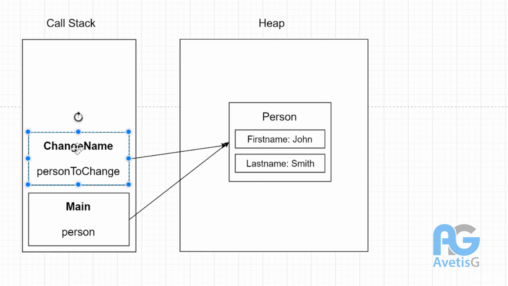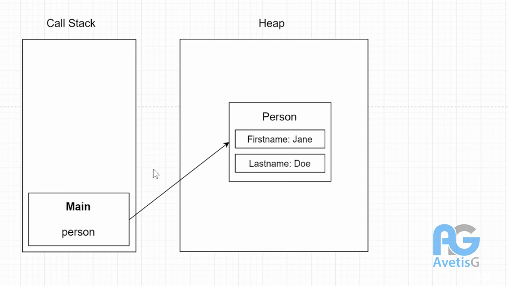So once we got to change name, this was still pointing to the same exact spot in the memory. And in here we said, let's change first name to Jane, and then change this to Doe, right? And then once this method was complete, it was popped off the stack. There you go. And it came back to main.